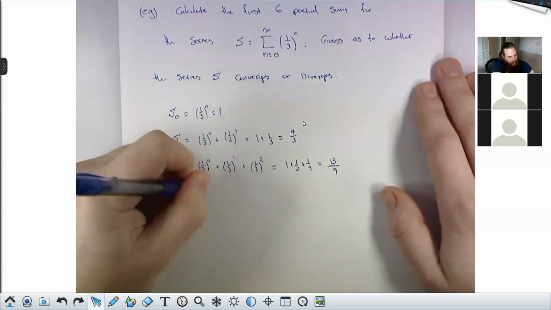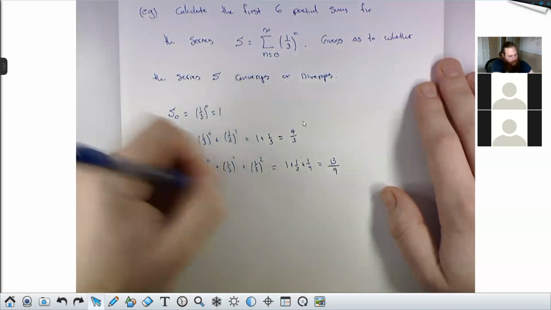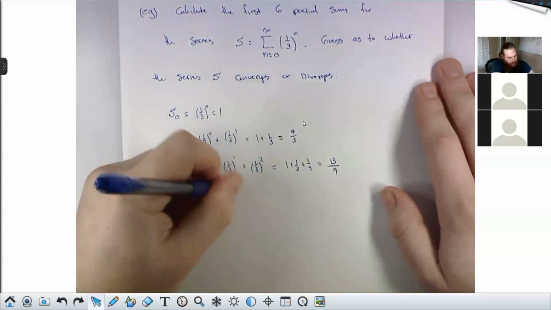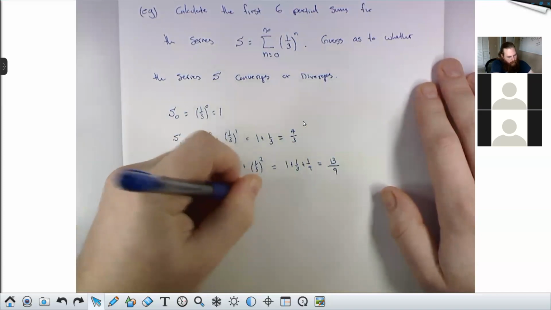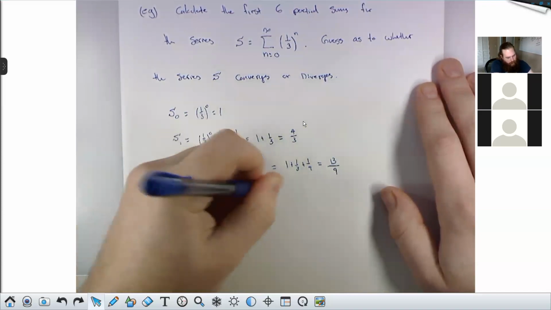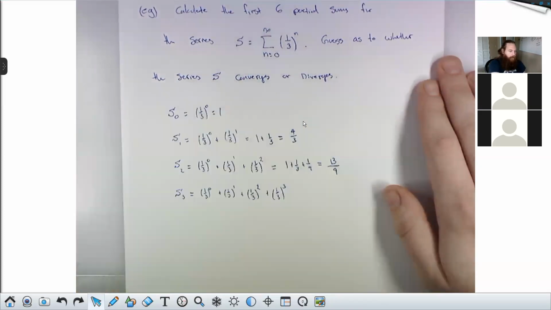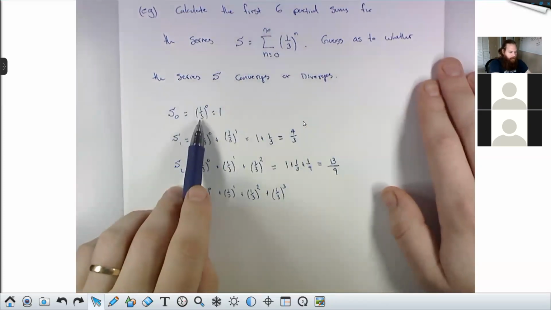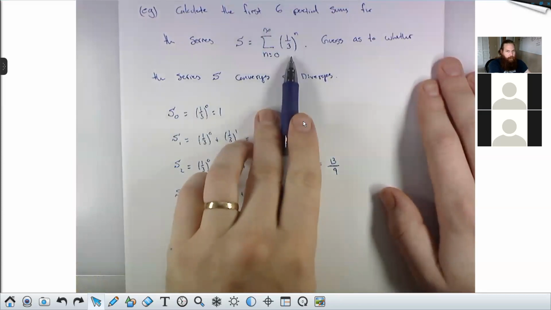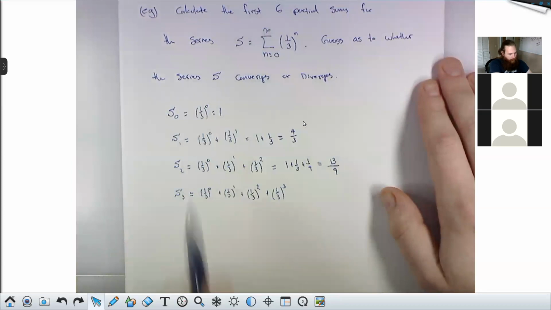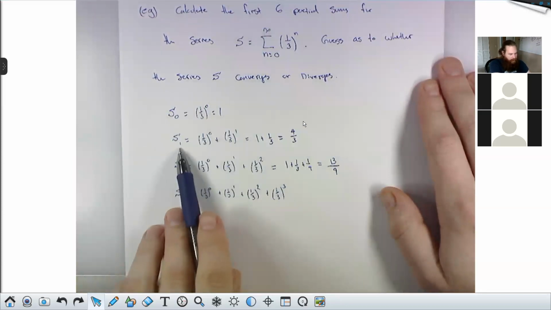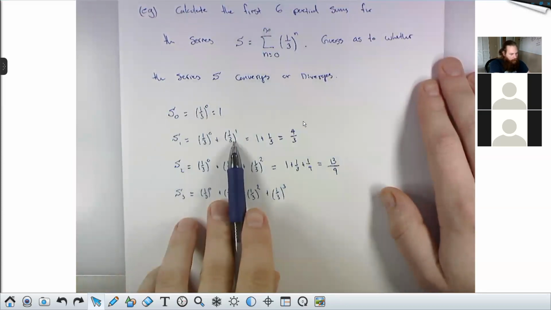S_3 is 1/3 to the 0 plus 1/3 to the 1 plus 1/3 to the 2 plus 1/3 to the 3. So you see how I'm finding these S's? I'm just adding up the first few terms of this series. So S_n is the series that stops at the nth term. So S_1 stops at 1/3 to the 1.